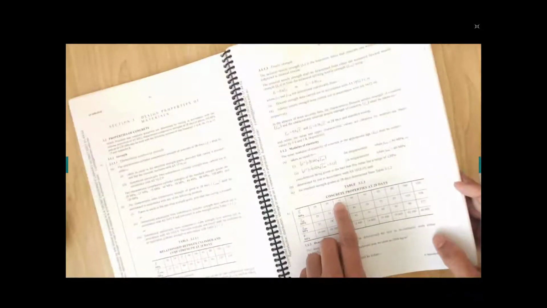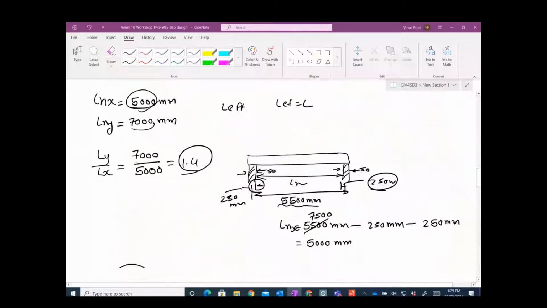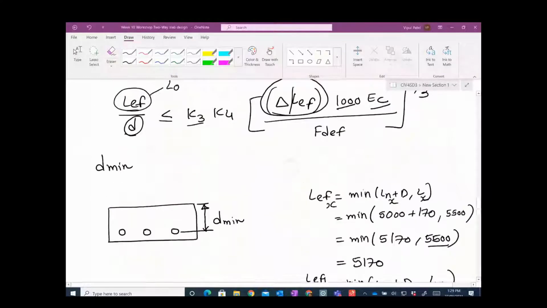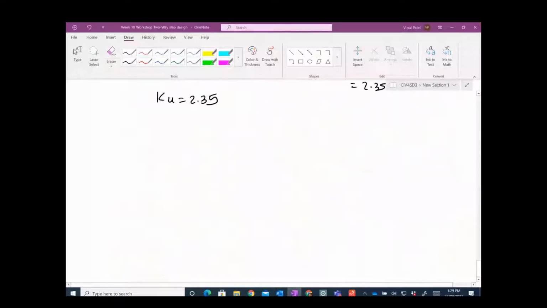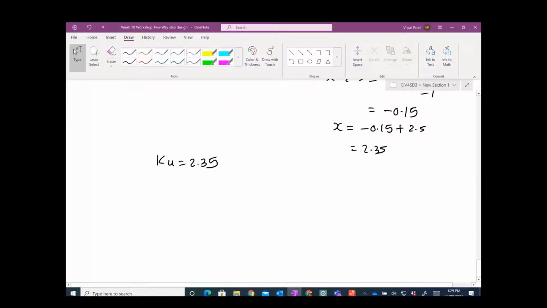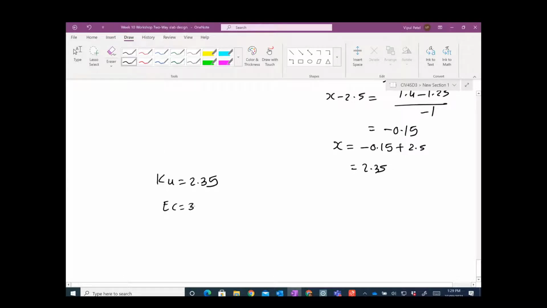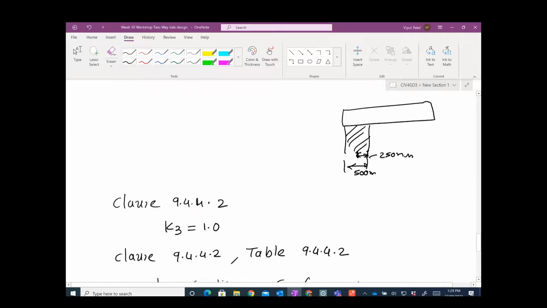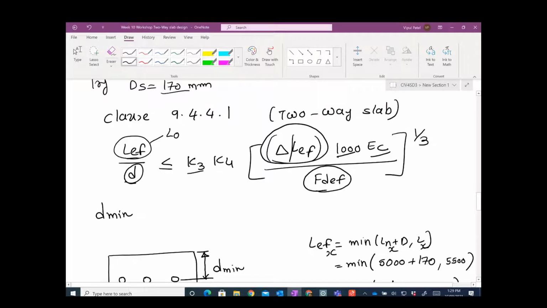For concrete compressive strength 32 megapascals, we can read from the table 30,100. So in that case we have this Ec value, 30,100 megapascals.